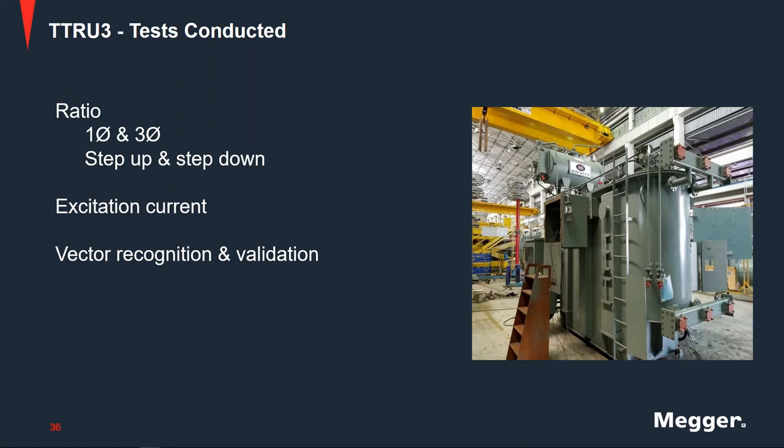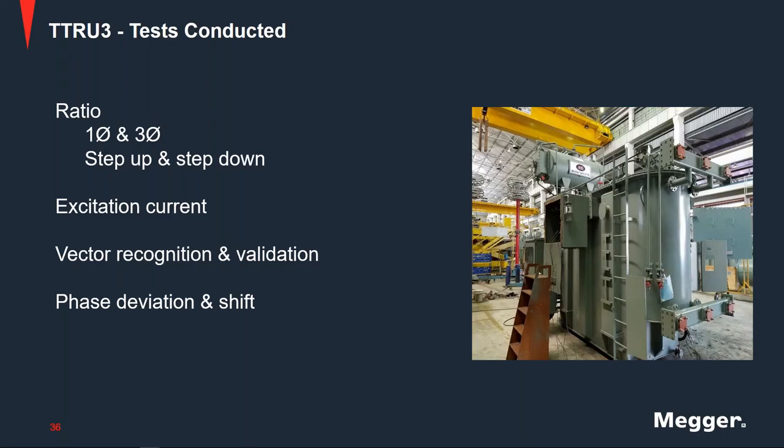You need to make sure that you have the correct vector transformer configuration when you're doing your testing, because if you were to put a transformer with an incorrect vector into service on a system that was expecting a different configuration, you could have catastrophic failures. Building on that vector validation, we do phase deviation measurements.